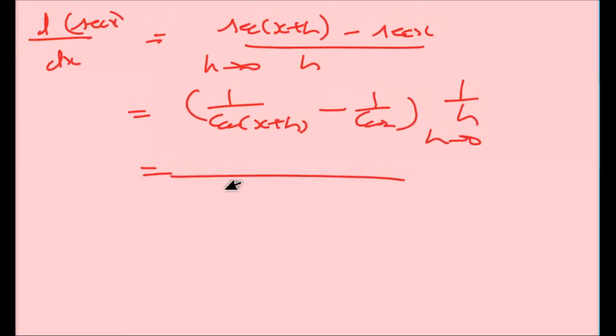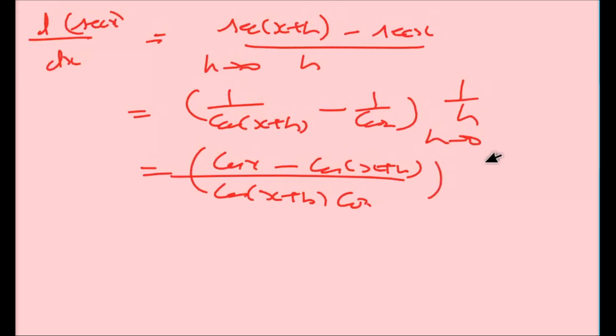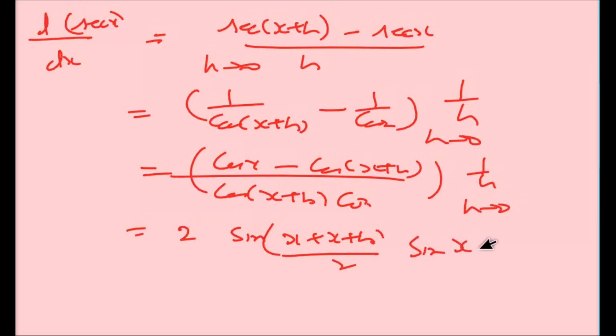Now taking again the LCM, cos x minus cos(x plus h). Are you understanding? Okay, so cos c minus cos d, using the formula cos c minus cos d equals 2 sin((c plus d)/2) sin((d minus c)/2).